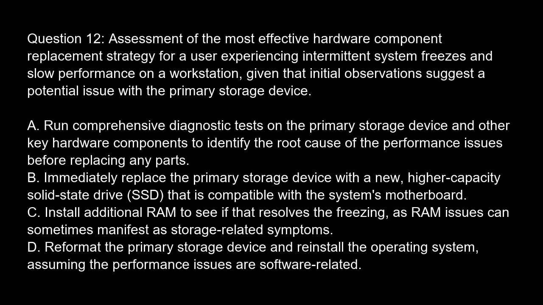Option B. Immediately replace the primary storage device with a new, higher-capacity solid-state drive, SSD, that is compatible with the system's motherboard. Option C. Install additional RAM to see if that resolves the freezing, as RAM issues can sometimes manifest as storage-related symptoms. Option D. Reformat the primary storage device and reinstall the operating system, assuming the performance issues are software-related.